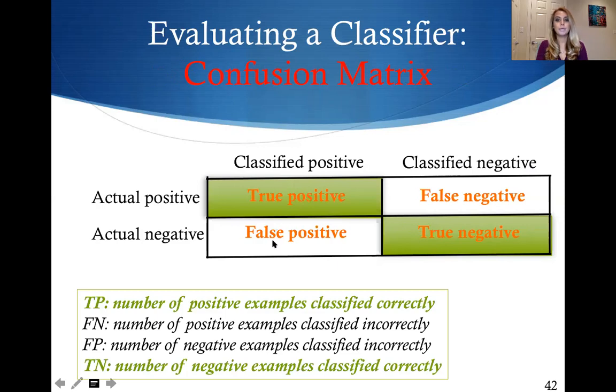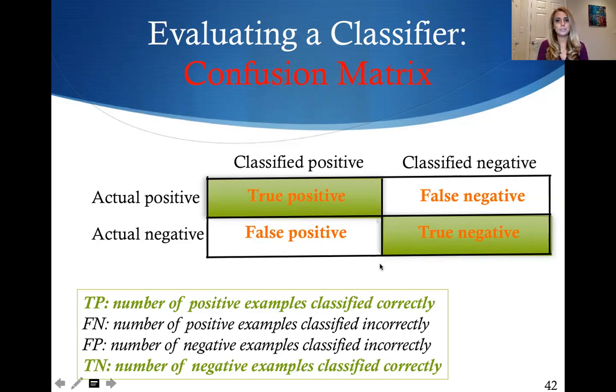And also we have the misclassification. There is the misclassification as a false positive, when they are not positive but falsely went to the class of the positive, and the false negative when we misclassify them as negative.